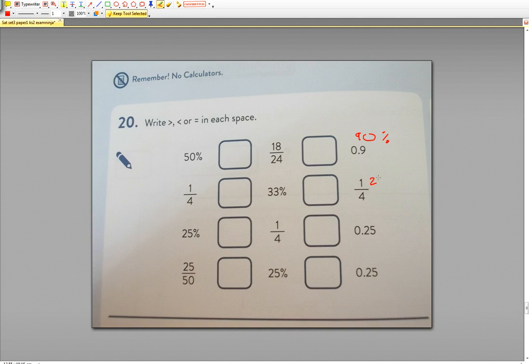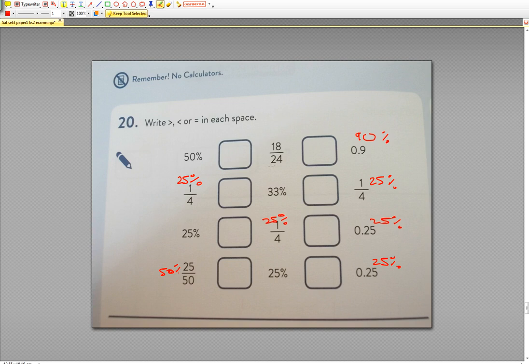And a quarter is 25%. And 0.25 is 25%. And a quarter here is 25%. We're just trying to help ourselves with this question. 25 out of 50 is how much percent? 50%, because 25 out of 50 is half. So at the moment, everything is nearly into percentage mode, so we can compare them and we know where we are.